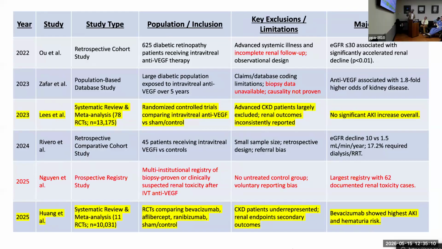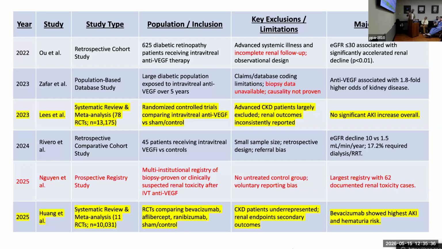But the study had advanced systemic illness and incomplete renal follow-up, and it was an observational design. In 2023, a population-based database study included diabetic patients exposed to intravitreal anti-VEGF over 5 years. For those patients, anti-VEGF was associated with 1.8 times or higher odds of kidney disease, but biopsy data was not available, so causality was not directly proven.